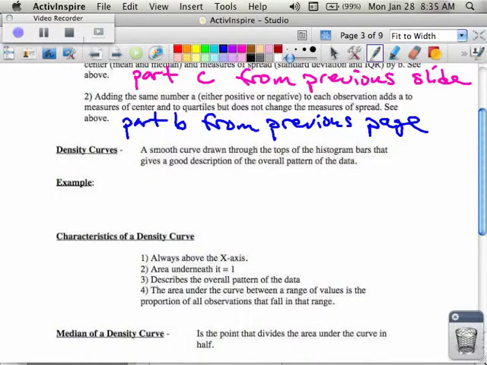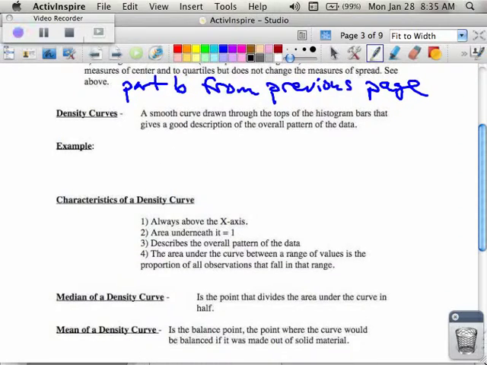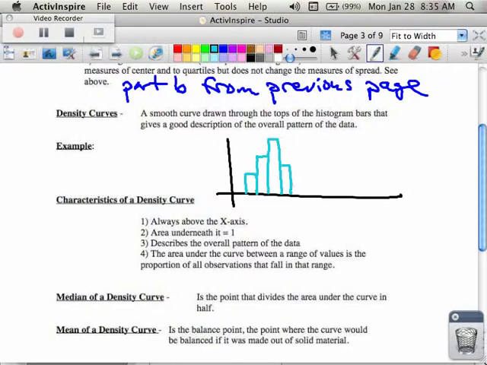A density curve is a curve that connects the tops of a histogram and tries to give a good description of the overall pattern of something. So for example, if I had a histogram that looked like this, then my curve might look something like the following.